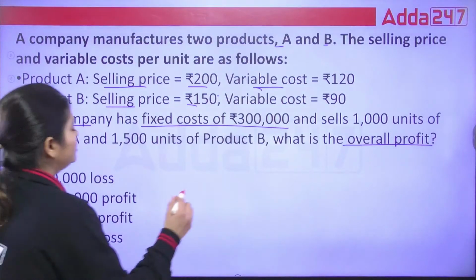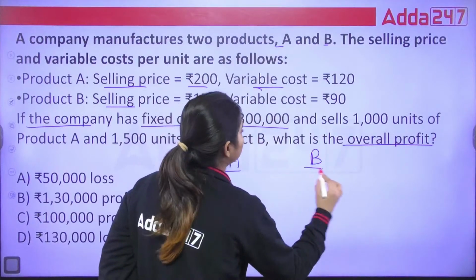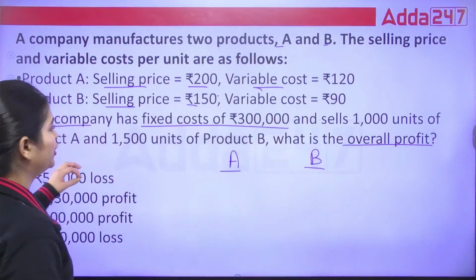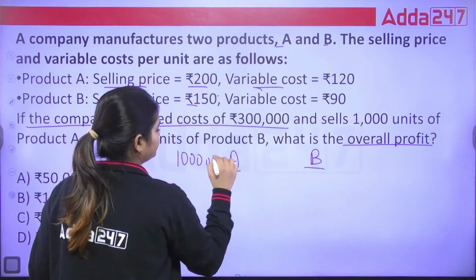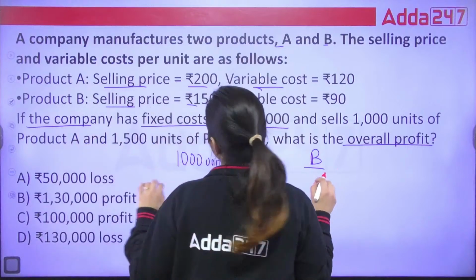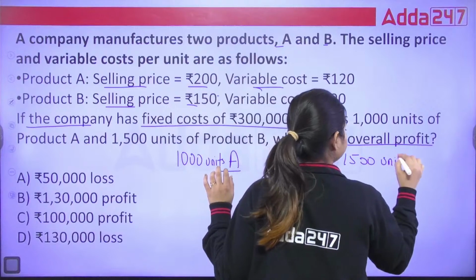Let's solve this. So A and B. Okay, we have 2 products, and for product A we produce how many units? We produce 1000 units. For B we produce 1500 units.